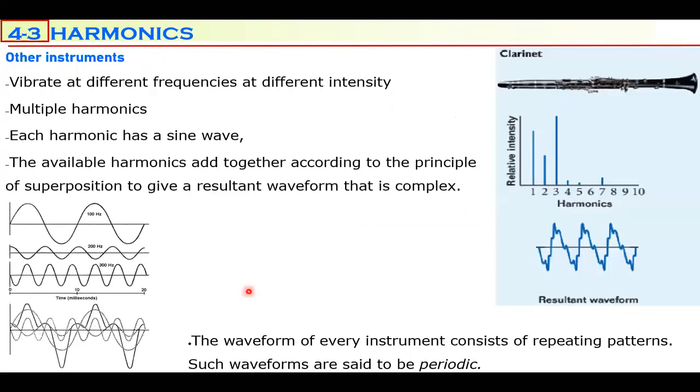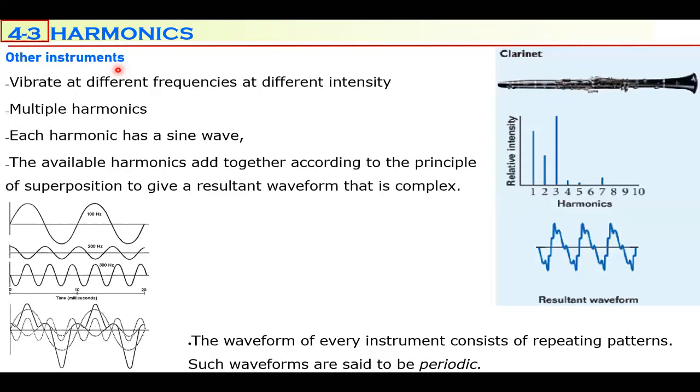But other instruments are not like this. The clarinet, for example, has multiple harmonics. The first and third are very dominant. Odd harmonics are very dominant, so even harmonics are not so dominant here. Yes, the second exists, but it's not dominant. So the mixture of all these harmonics makes the sound of the clarinet.